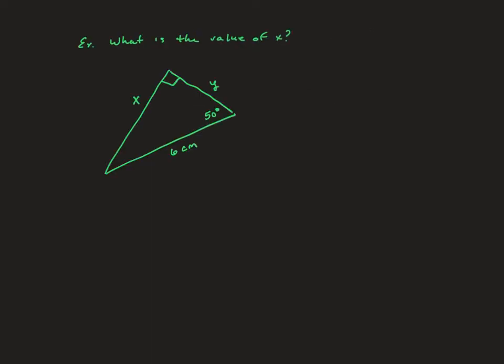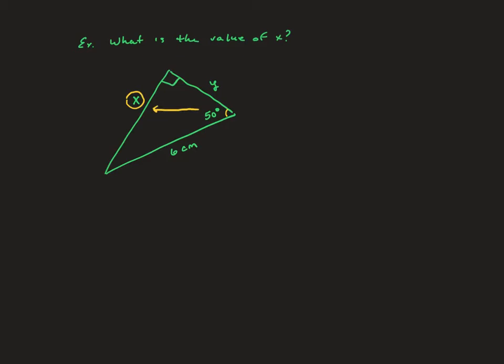So what is the value of x? Well, in this example, they've given me an angle, and I'm trying to find x. x is going to be the opposite length.